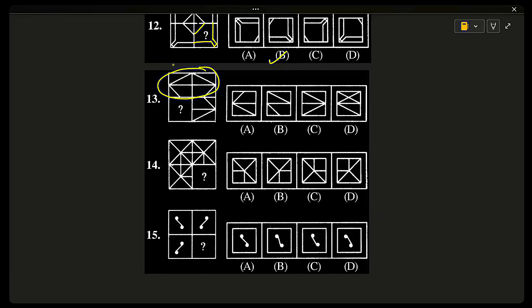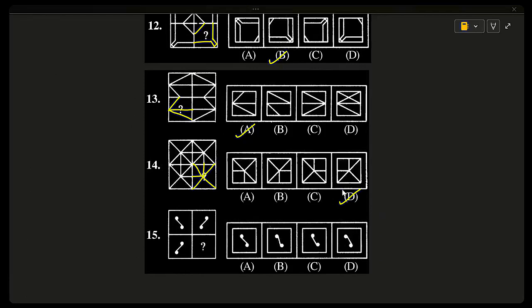These two parts have mirror images of each other. So for this part, we try to draw the mirror image. It is going to be like this, and like this. So it is seen in option A. And the 14th one, you try to complete the figure. First complete this square, then draw this line and connect to the center like this. So this is seen in option D.